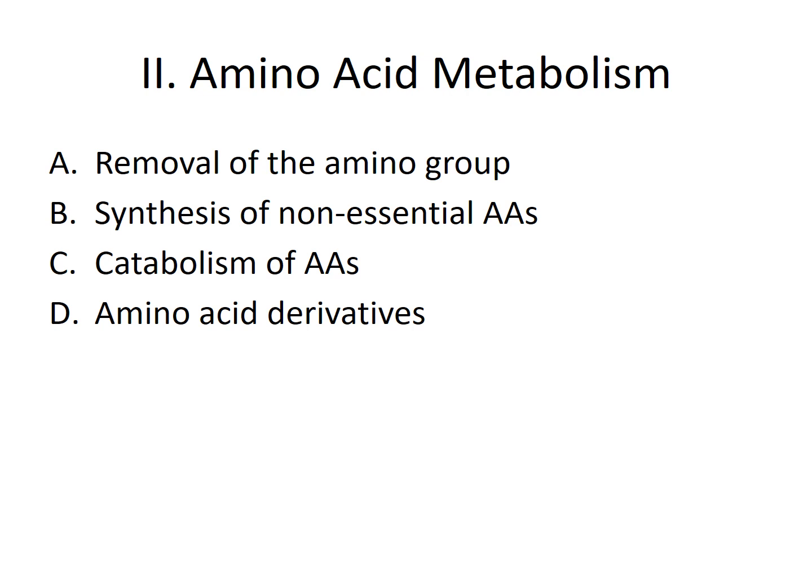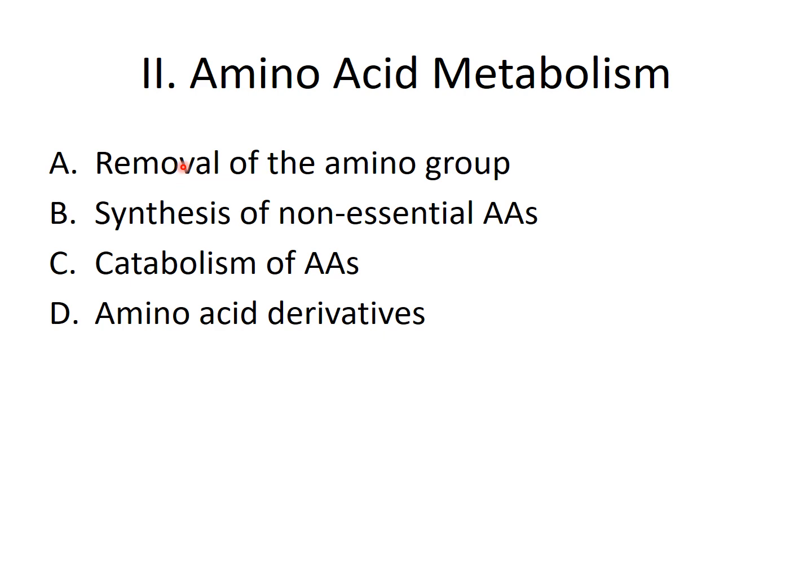All right, you can take a break now and review the material, but I will go further to amino acid metabolism now. Amino acid metabolism, I will talk about 4 different aspects of it.